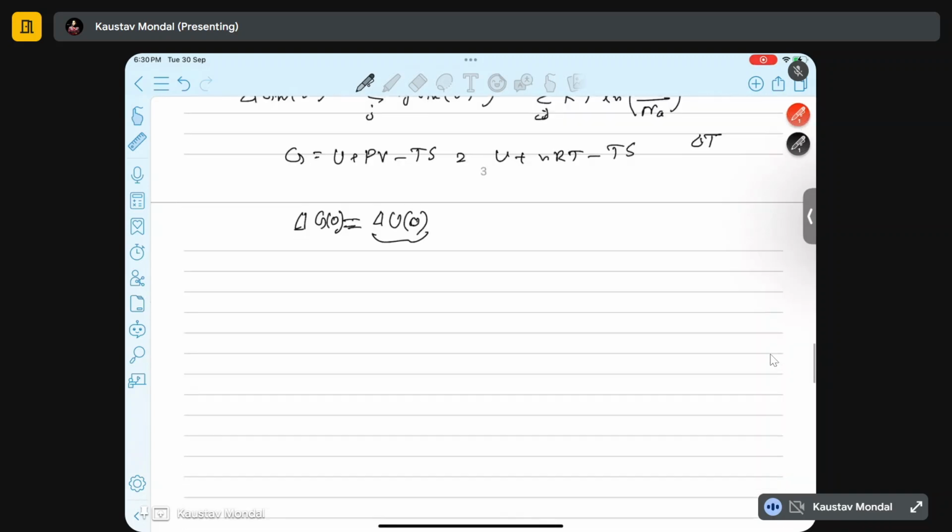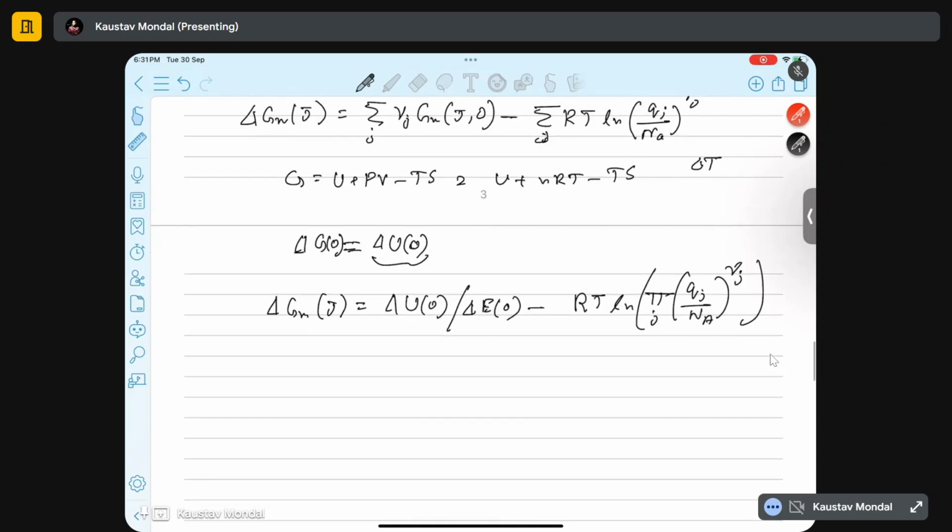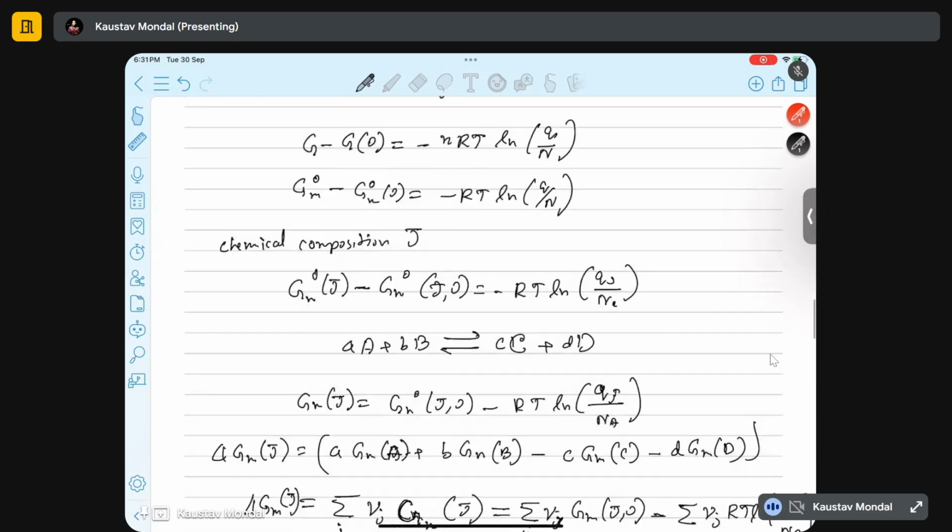That means you can write it like this: delta Gm equal to delta U0 or delta E0, the change in total internal energy, minus RT, and since it's ln, the sum of ln can be written as a multiplication: RT ln of the product over J of (q_J by N) to the power mu J. This is the change in the Gibbs free energy of that particular species J.